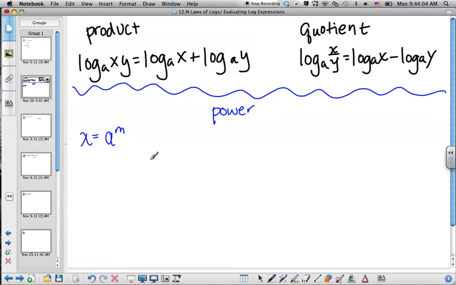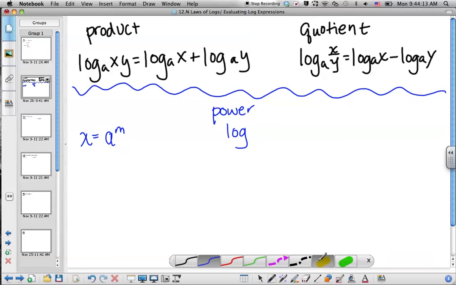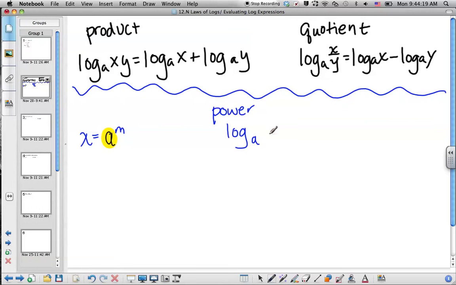power. Well, we can rewrite that in logarithmic form. We look at our base, so we have the log base a of x equal to m.